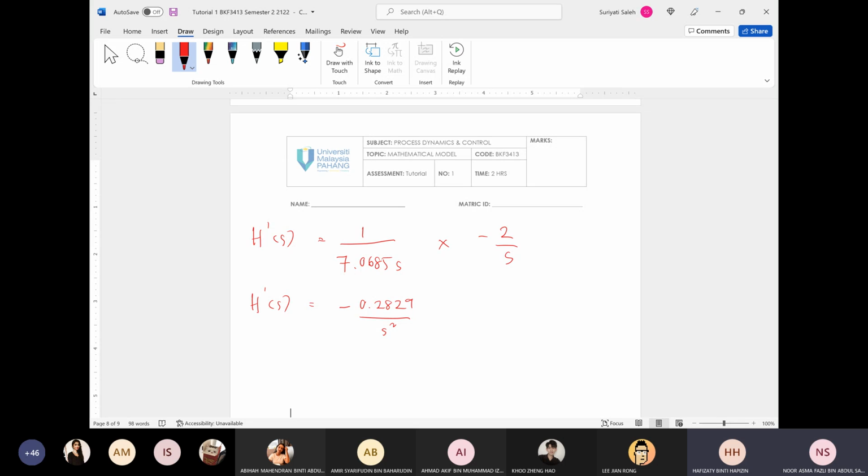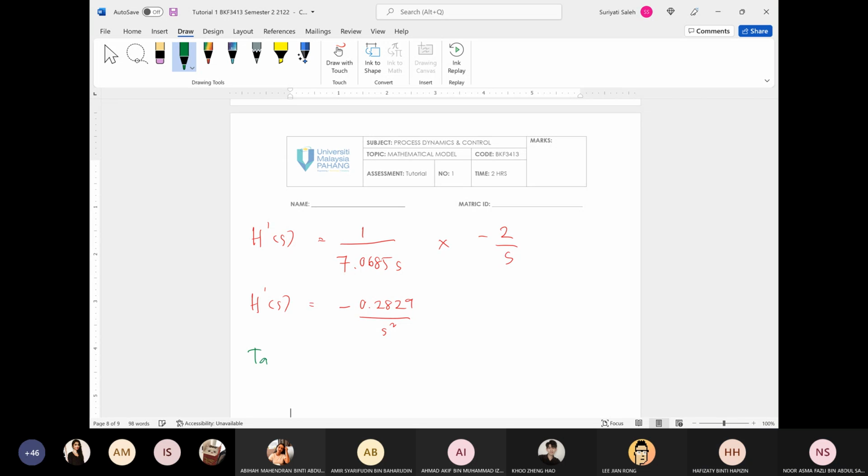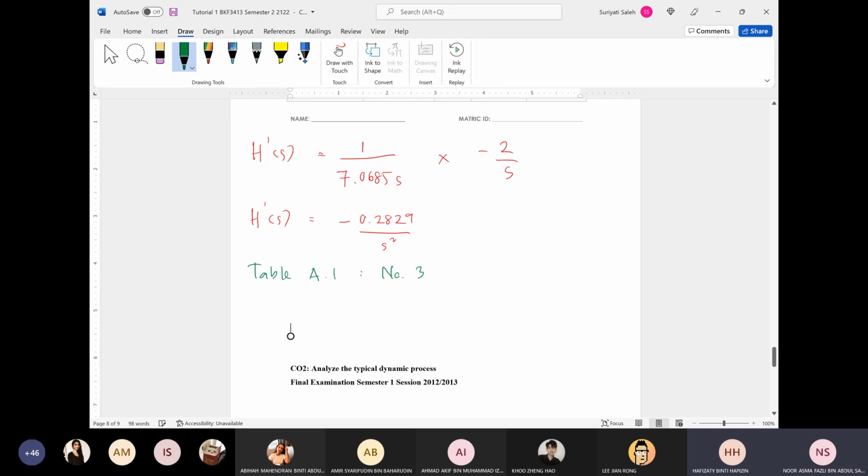If we refer to table A1, number 3, whenever you have Ft equal to t and then Fs equal to 1 over S square.